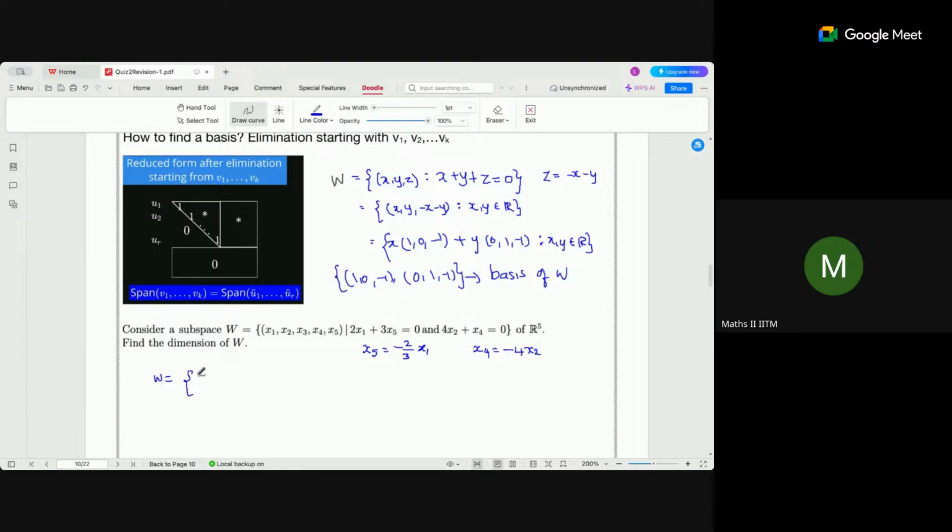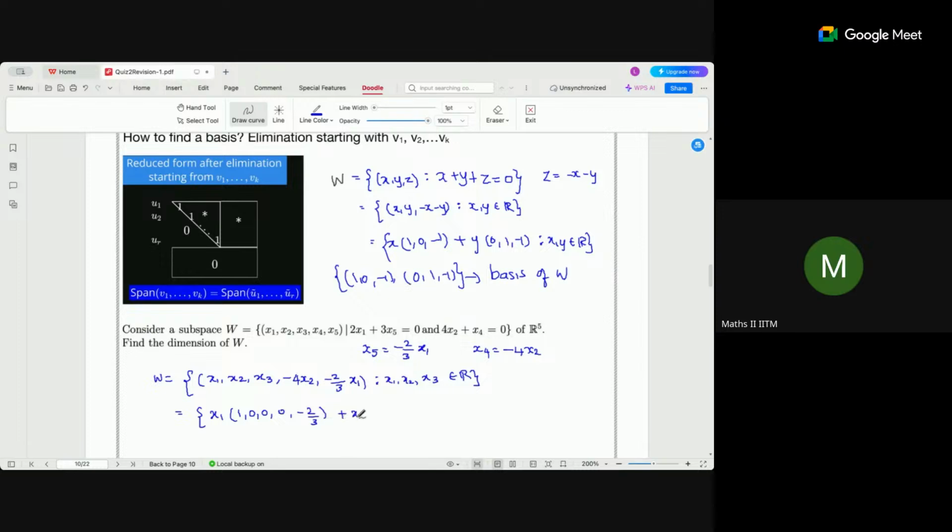The given set can be rewritten as x1, x2, x3, minus 4 x2, minus 2 by 3 x1, with x1, x2, x3 in R. Now we can take x1 commonly: the coefficients are 1, 0, 0, 0, minus 2 by 3.